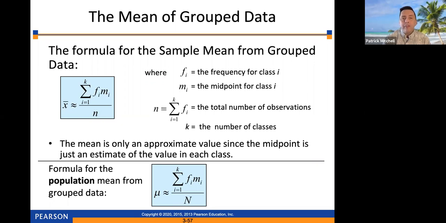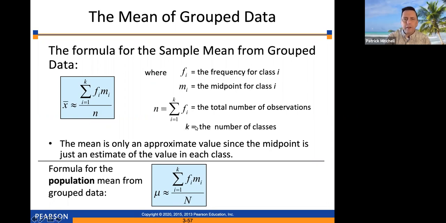Once you've done that, you just divide that sum by the size of the sample, which is n. Again, f sub i is the frequency for class i. M sub i is the midpoint for class i. N is the number of observations, and you can get that by adding all the frequencies together. K is the number of classes.